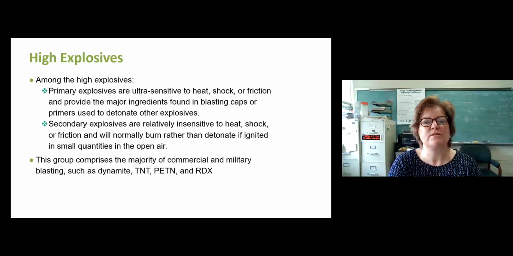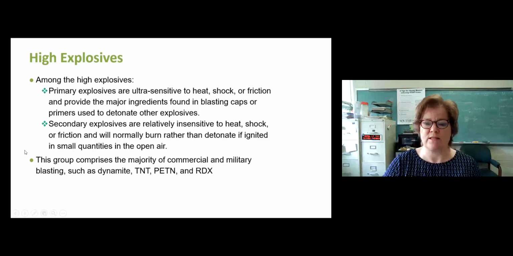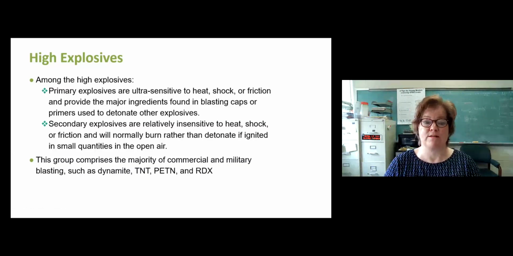Secondary explosives will produce gases very quickly, so they don't need to be in a container. However, they must be set off by a primary explosive or some other kind of trigger. They're not sensitive to heat or shock, so you can hit them or warm them up and they're not going to go off, whereas the primary explosives go off very simply.